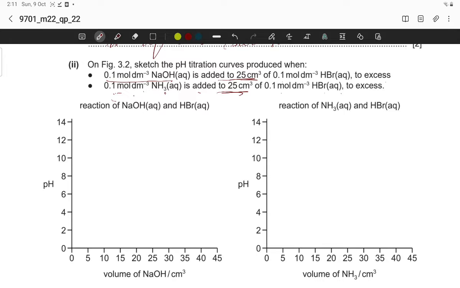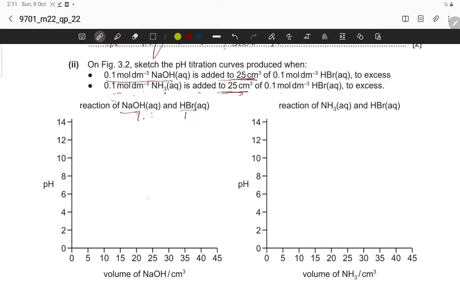Okay, sodium hydroxide is added. So this is the titration curve. Sodium hydroxide is an alkali reacting 1:1 with HBr, the strongest acid, and the volume is 25 cm^3 of 0.1 HBr.